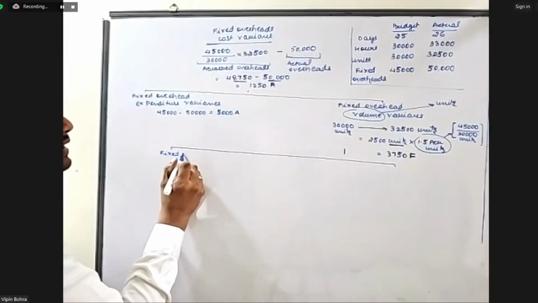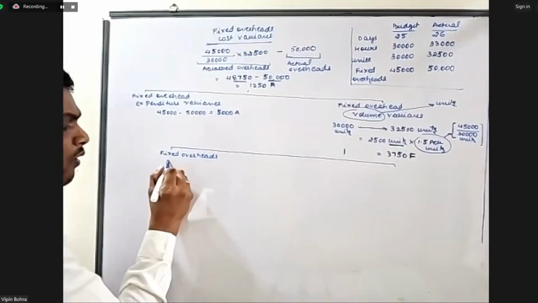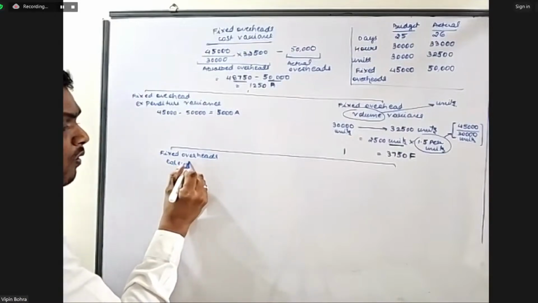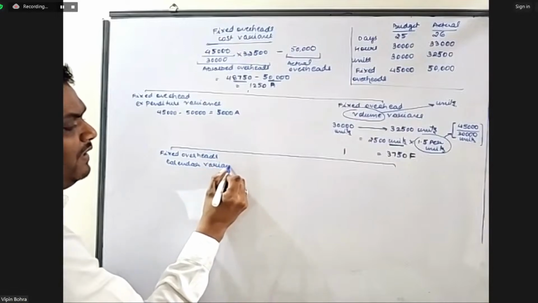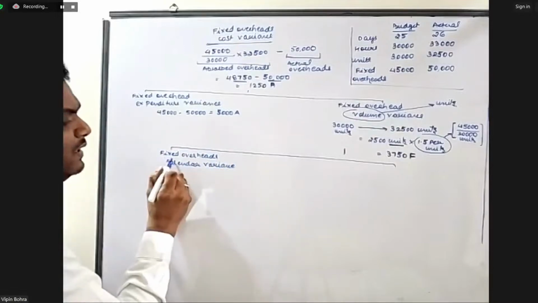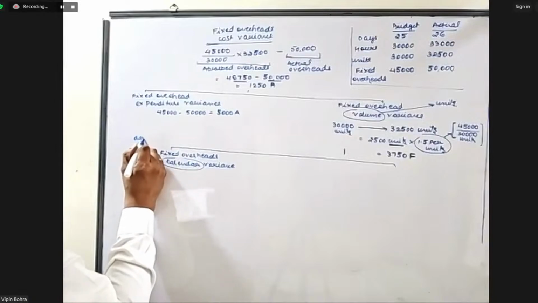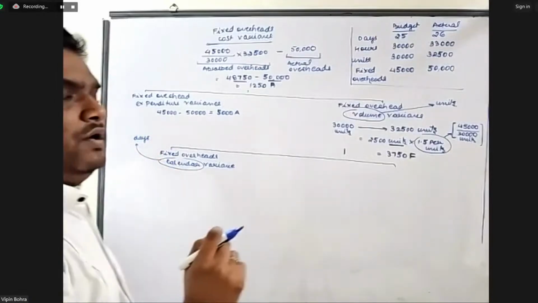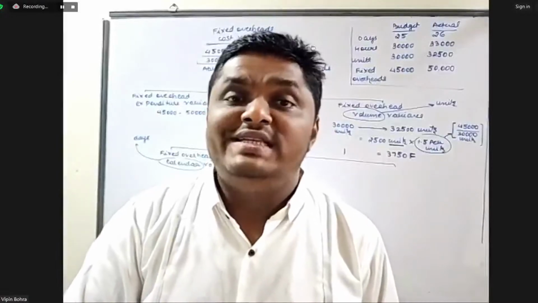So fixed overheads calendar variance. Very important, guys. When talking about this word calendar, it talks about the number of days. When talking about calendar variance, it talks about the number of days worked.